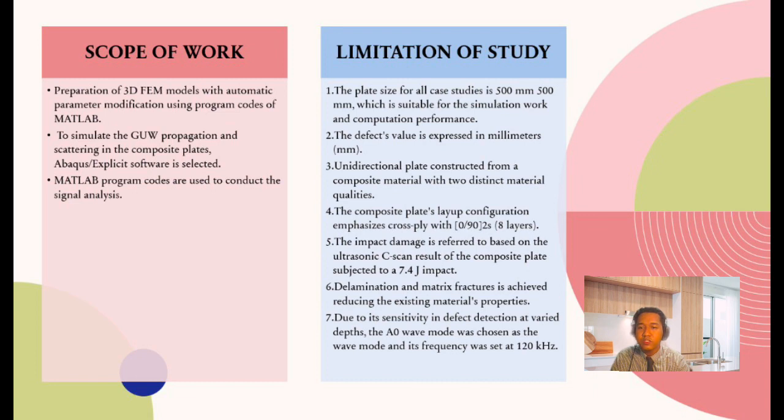The sixth one will be that the delamination and matrix fractures are achieved by reducing the existing material properties. And the last one will be the sensitivity in defect detection, making the A0 wave mode chosen as the frequency was set at 120 kilohertz.